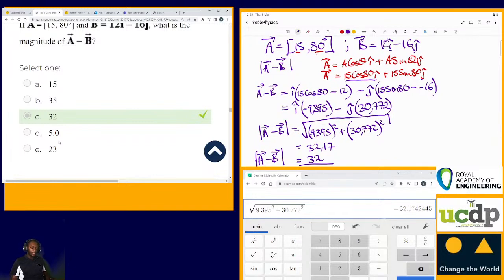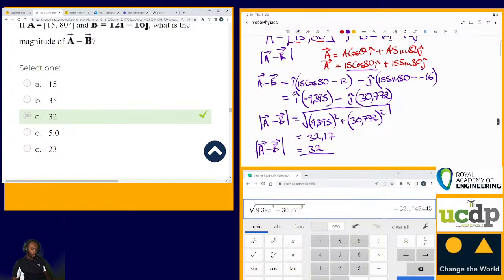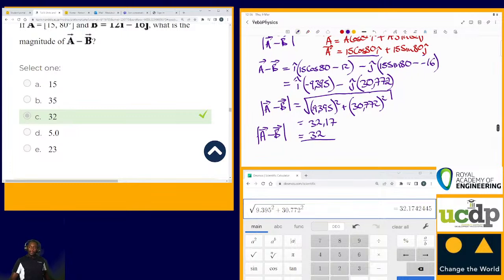After I've done that, we then deal with the components in the i for vector A and vector B. Then we deal with the j direction alone for vector A and vector B. Then we get our magnitude by taking the square root of the square in the i plus the square in the j direction.